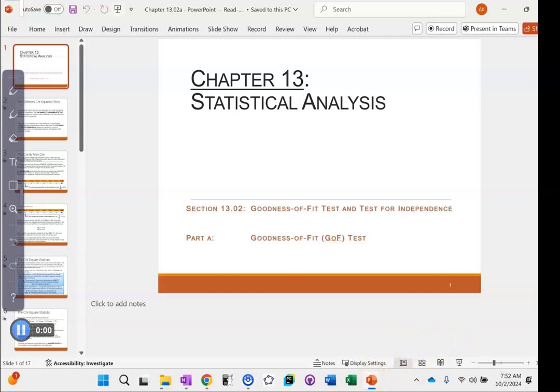So for 5 degrees of freedom, if I have a 15% level of significance, my chi-squared critical would be 8.12. For 10%, it would have been 9.24. For 5%, it's 11.07.